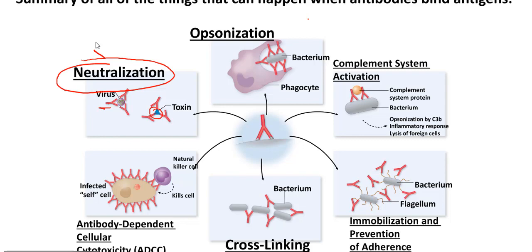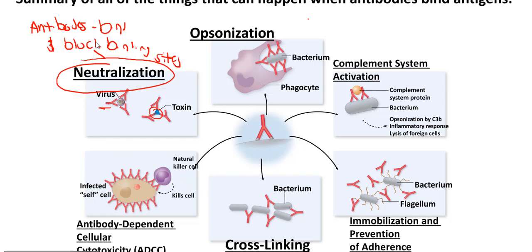So in neutralization, antibodies block the binding sites of the virus or the toxin. So antibodies bind and block the binding sites. So now viral spikes can't attach to the host receptor because antibodies are blocking them. Or a toxin can't bind to the host because antibodies are blocking them. So that's what neutralization means.